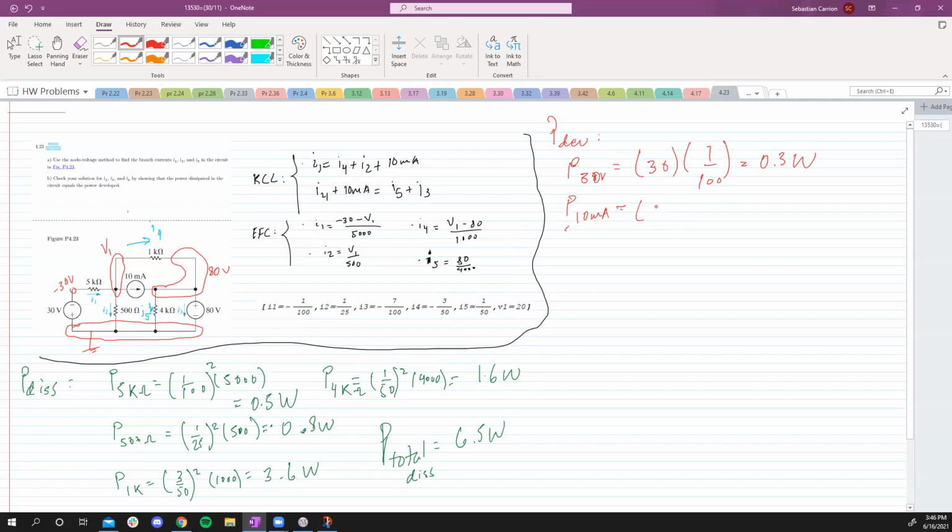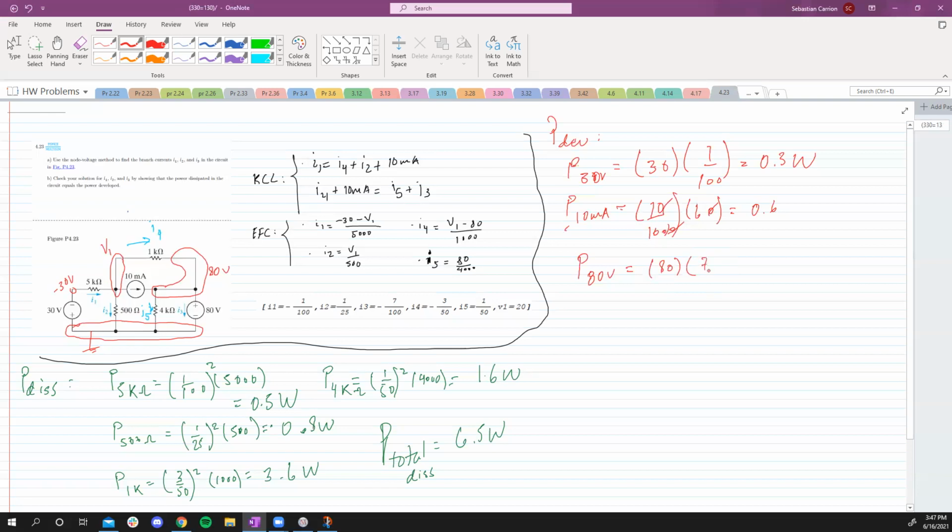Well, these are all negative, we know these are positive. But anyways, 10/1000 times 60, 0.6, and then the power of the 80 volt source would be 80 times I3.